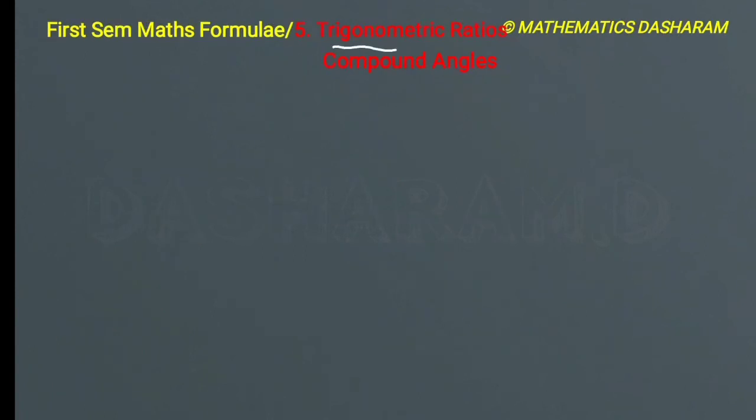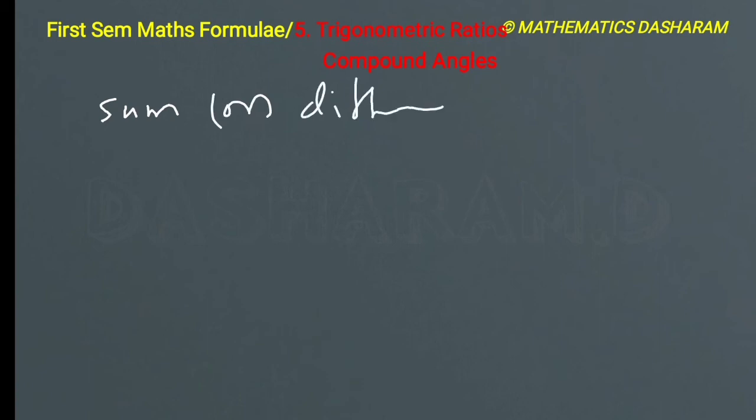Next chapter, trigonometry ratios of compound angles. What is the meaning of compound angle? Sum or difference of two or more angles are called compound angles.